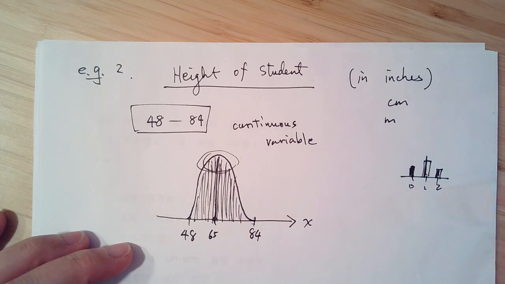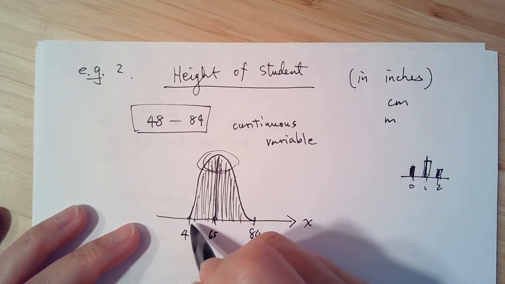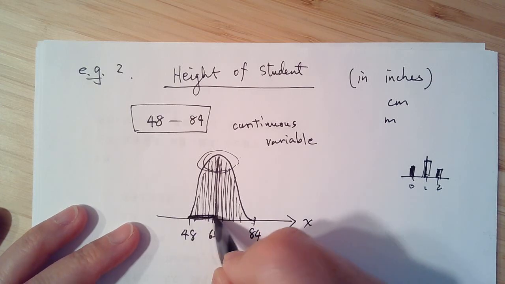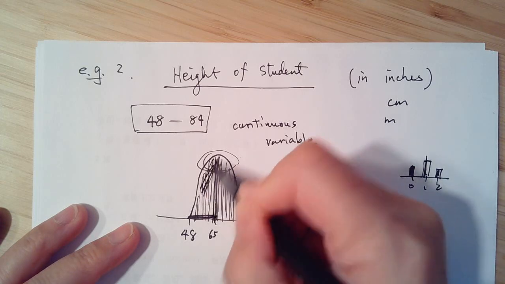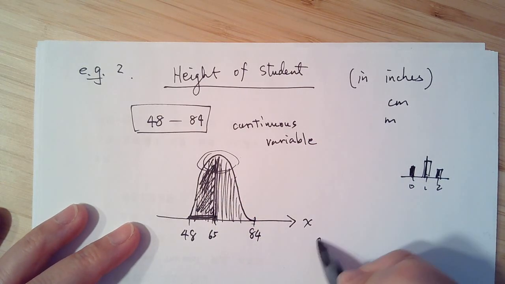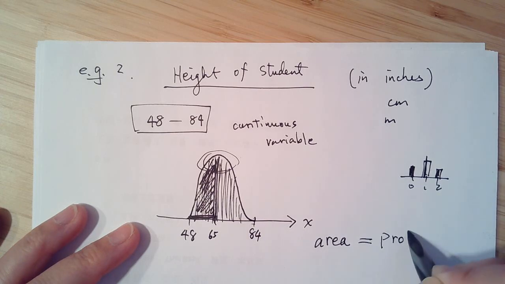You can find the probability that the student height is between 48 and 65, which is this area. So right now we use area to show probability for a continuous variable.